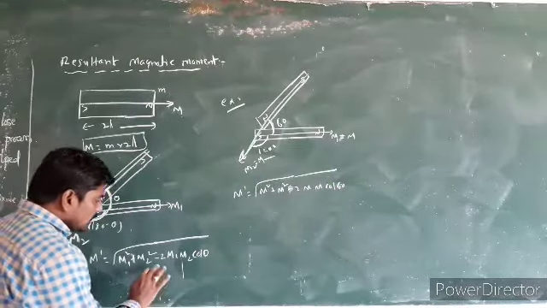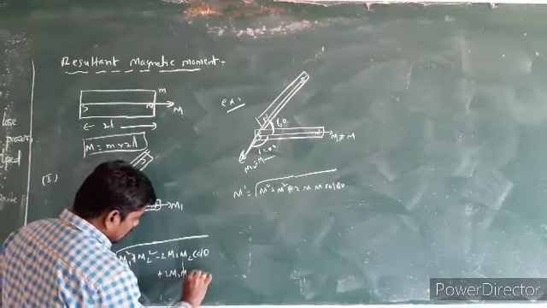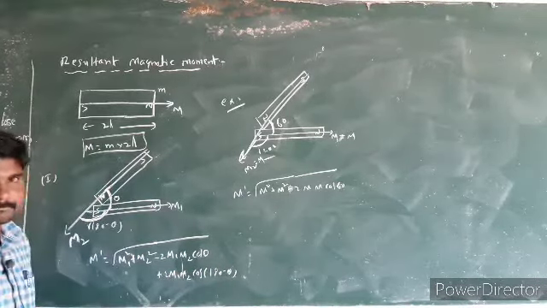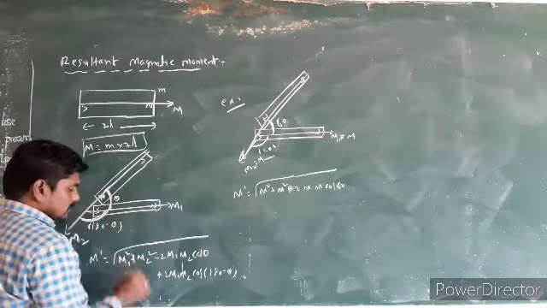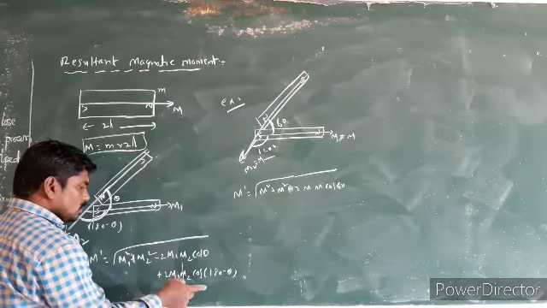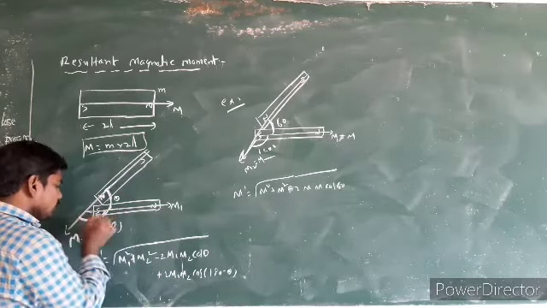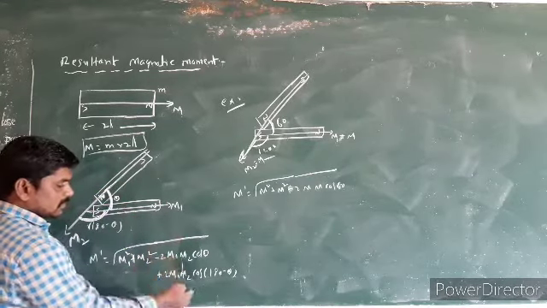If you want to take plus here, it is 2 M1 M2 cos of 180 minus theta, where the angle is between the magnetic moments. Theta is the angle between the axes, so if you consider only the angle between the axes, take minus.